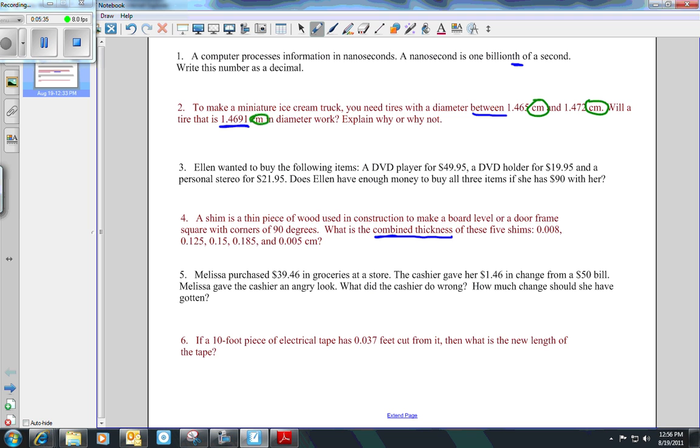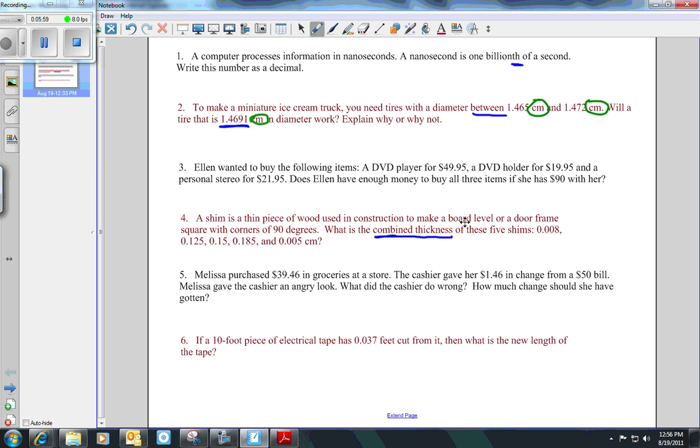So we would have to convert our inches to feet and then add feet together. Your labels have to be the same. So circling your labels in a word problem helps you realize that you either have different labels or your labels are already the same. Same thing in here for number 3. We have to make sure that all these numbers are money if we're going to add and subtract them.